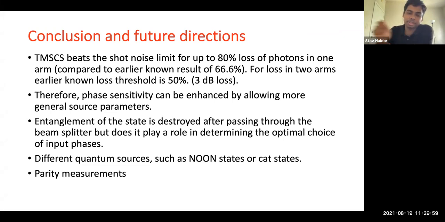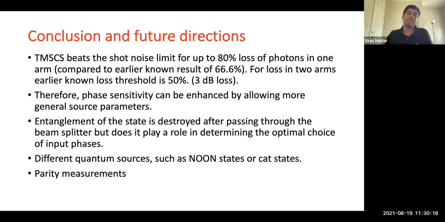So it would also be interesting to see how the entanglement of the source changes with the input parameters being varied. We could do the same with different quantum sources such as Moon states, cat states, and the others that Dr. Lee also discussed, and also change how you measure it.